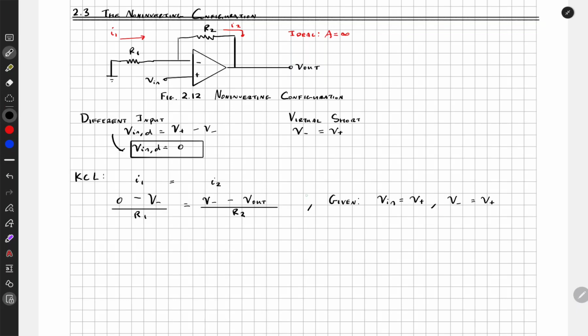Every time we see V minus appearing, we just use V in. So it's just 0 minus V in divided by R1 is equal to V in minus V out divided by R2.